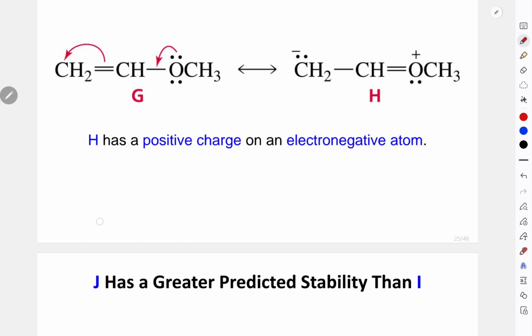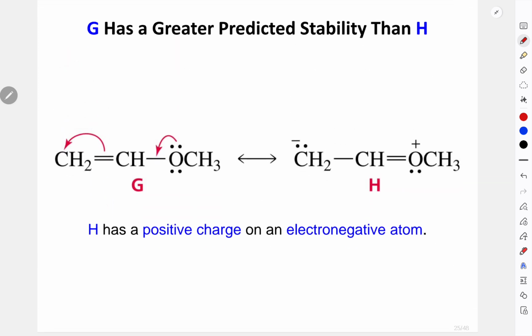What about G versus H? You have a double bond and an oxygen next to the double bond carbon, and the oxygen has a lone pair.